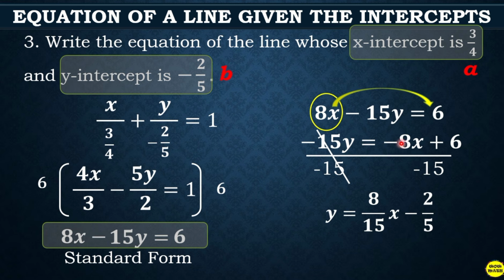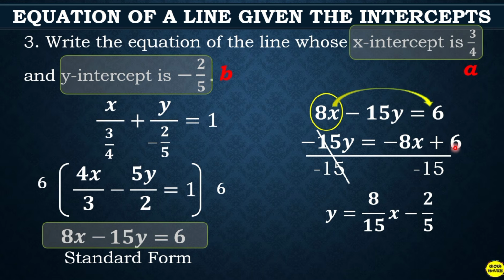Now, ito, since hindi na natin ito pwedeng i-divide at hindi siya malo-lowest term, so, 8 over 15x na tayo. And then, negative, negative, positive siya. Okay? Take note po palagi sa ating signs. Now, this time, ito, we cannot divide this, but we can get the lowest term. So, 6 divide 3.